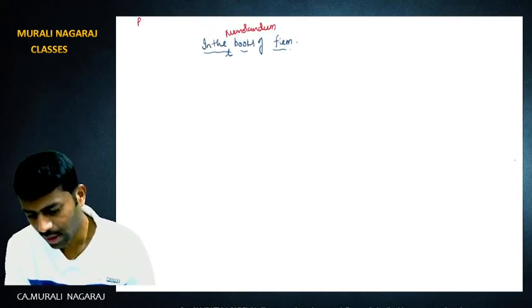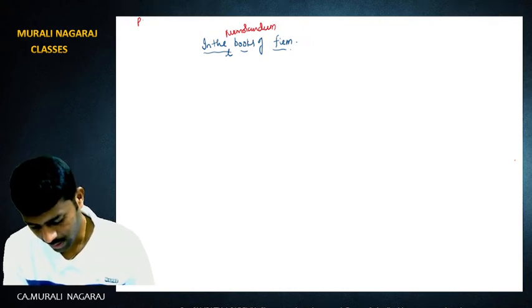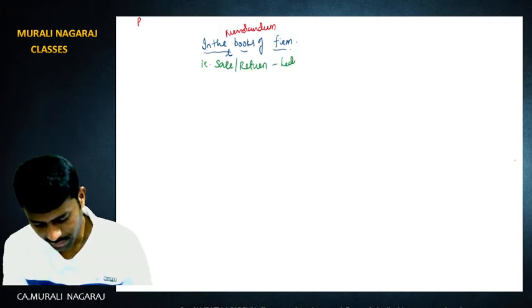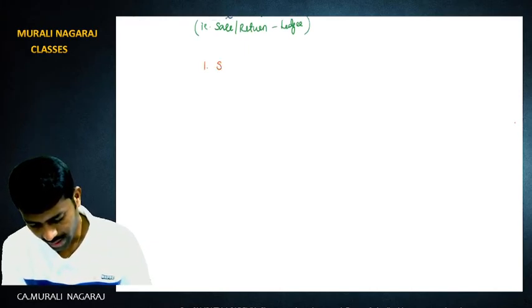You can call it the sale or return ledger. In the sale or return ledger, the accounts we have are the sale or return account and the sale or return total account.